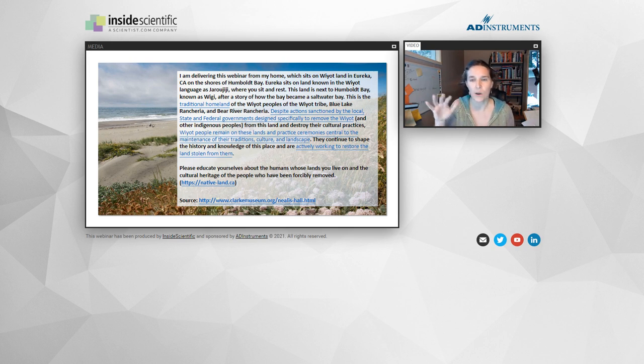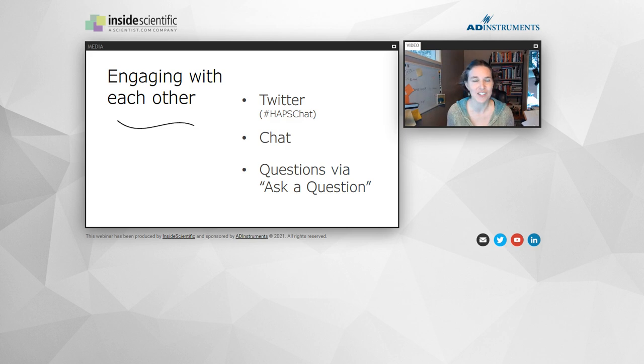That's actually a website maintained by Indigenous humans, and you can donate there. I did that this morning as part of this land acknowledgement. It's an interactive map that lets you see whose land you're on. So thank you, and we'll get started.